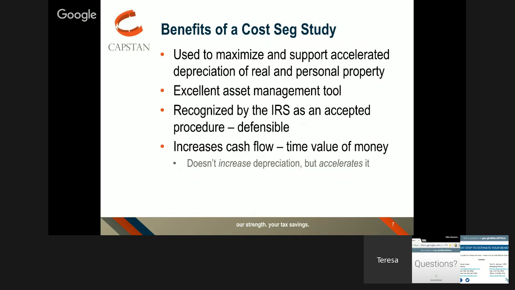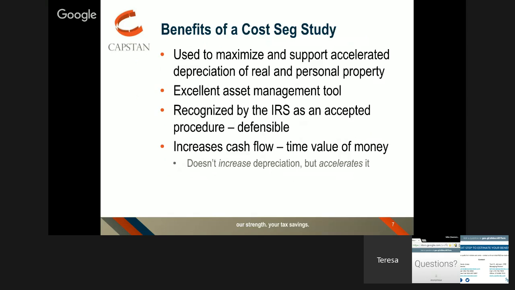But I want to bring up another point, and that is it's also an excellent asset management tool, because as you own that asset moving forward, you're spending money on the building and the facilities. Let's say that you replace a boiler, and you need to write off the boiler that is there and it still has some basis left in it.